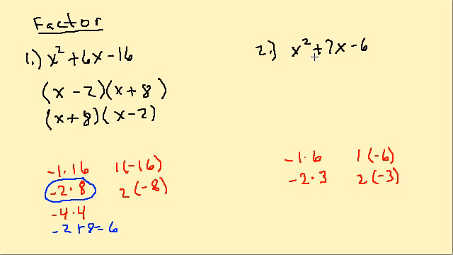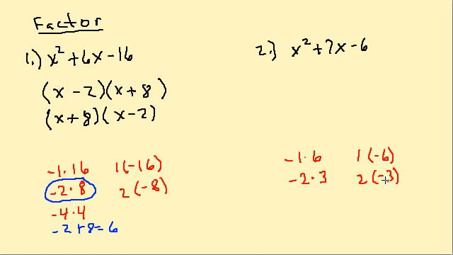Alright, let's take a look at this one. x squared plus 7x minus 6. Here's everything I can multiply together to give me negative 6. But what can I add to give me positive 7? Well, negative 1 plus 6 is 5. Negative 2 plus 3 is 1. 1 plus negative 6 is negative 5.